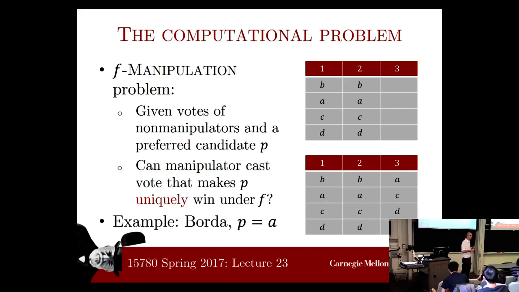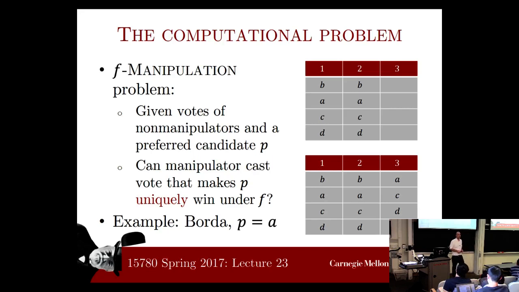Can voter 3 cast his vote in a way that makes P win the election? So that's exactly the example that we saw before, and we saw that the answer is yes. If voter 3 casts this vote, then A wins the election. So this is a yes instance of the Borda manipulation problem with these parameters. So saying the manipulator is voter 3, and A is the preferred alternative.